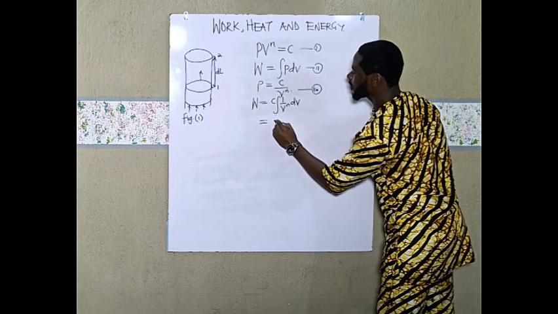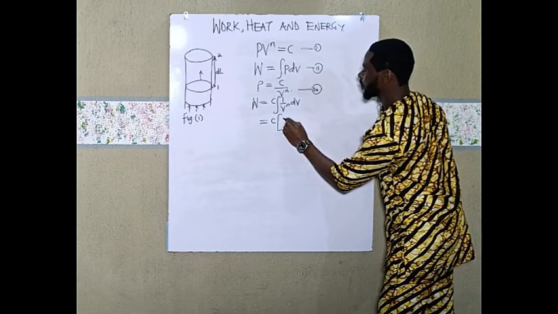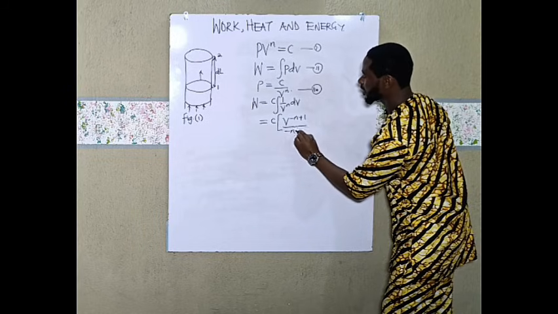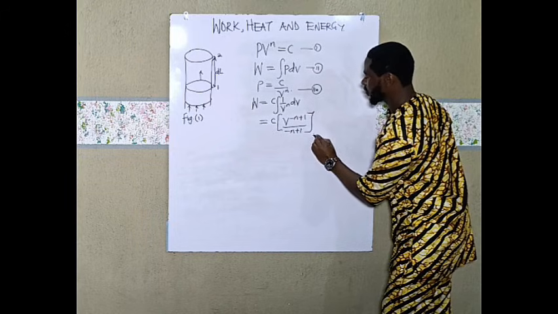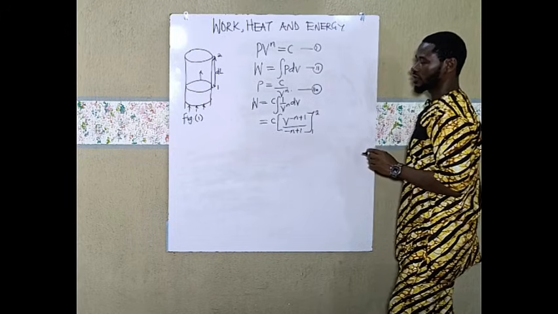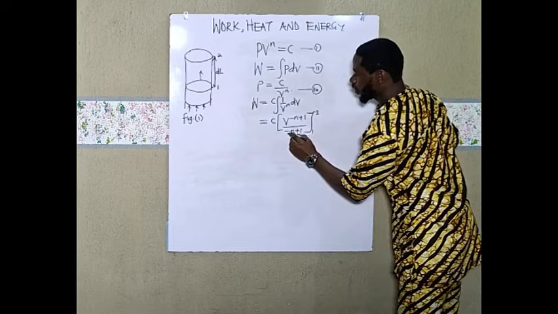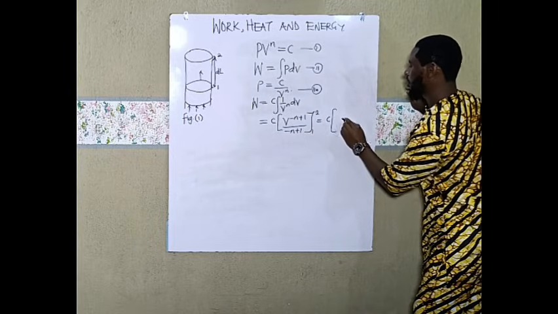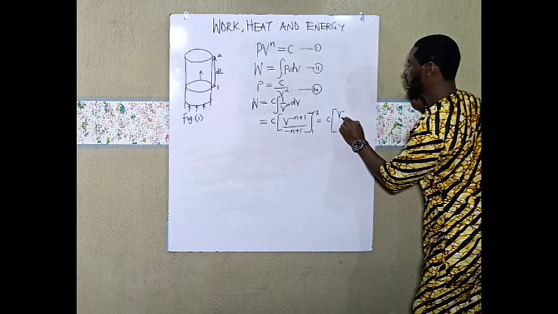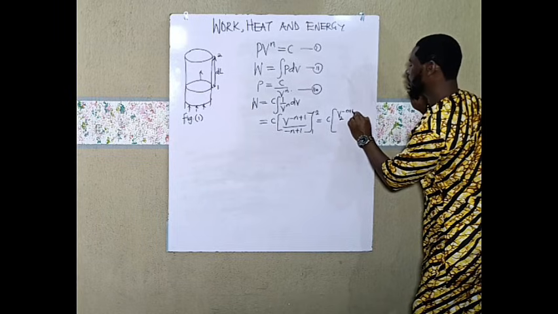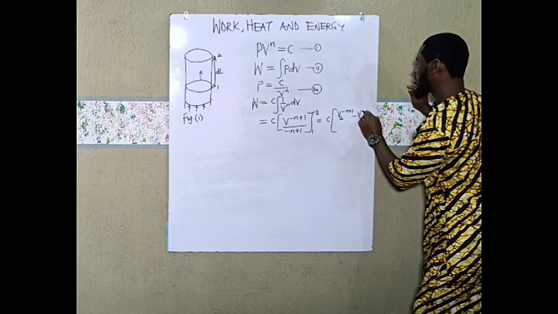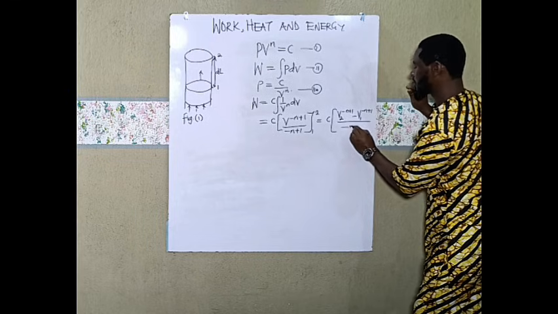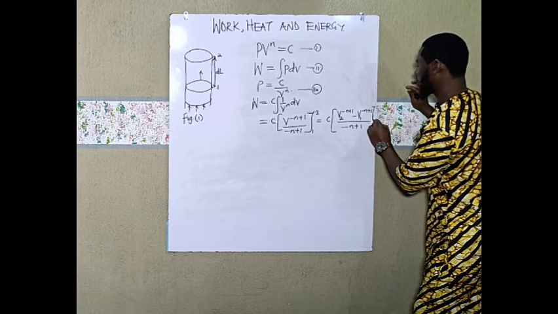Integrating this expression, we have C into bracket V raised to the power of minus n plus 1 divided by minus n plus 1, ranging from state 1 to state 2. This is the same thing as C into bracket V2 raised to the power of minus n plus 1 minus V1 raised to the power of minus n plus 1, all divided by minus n plus 1.